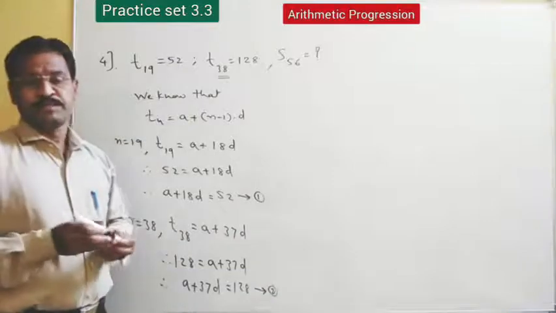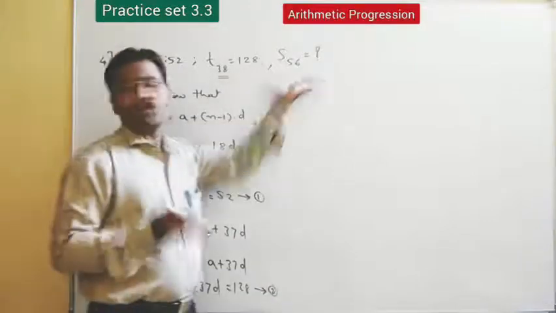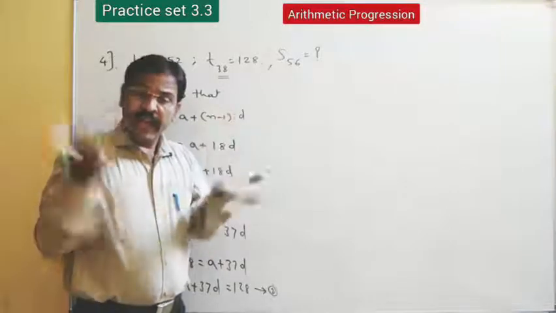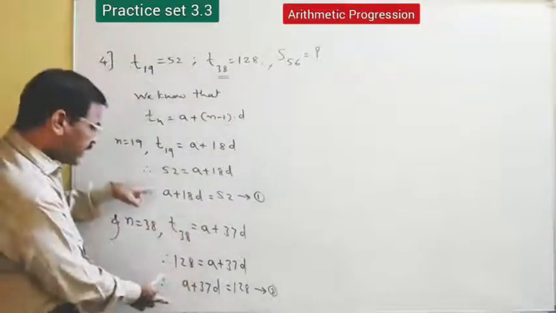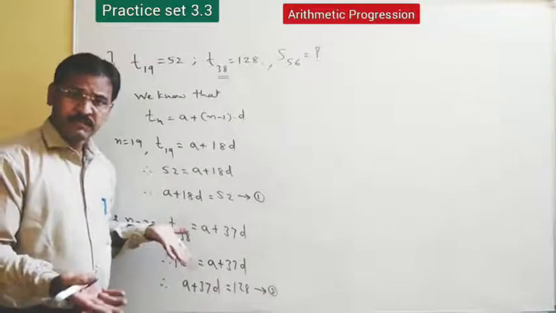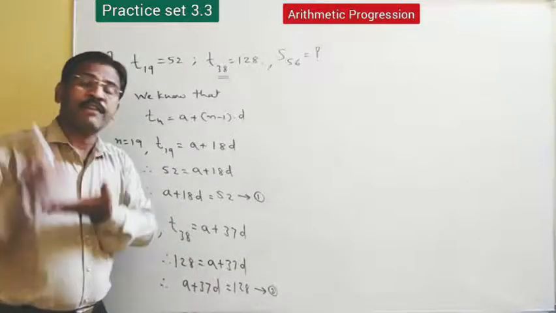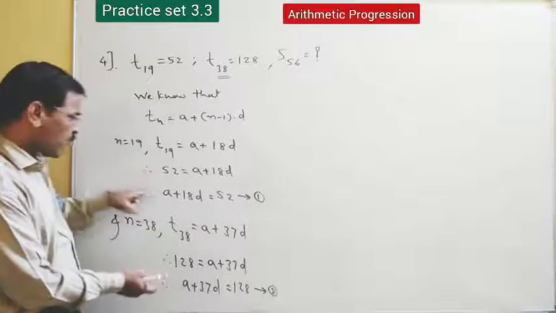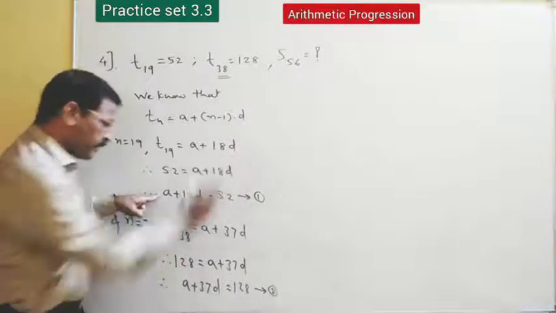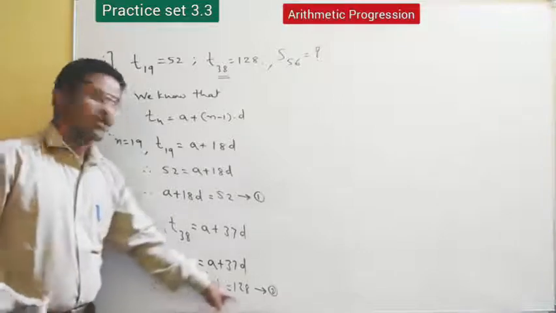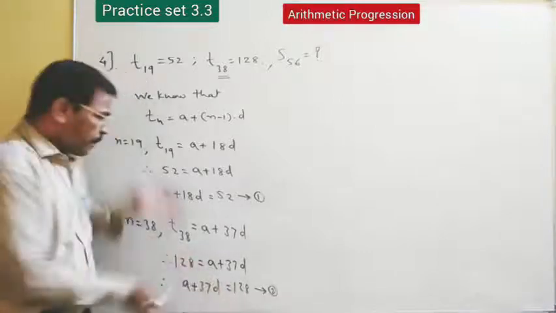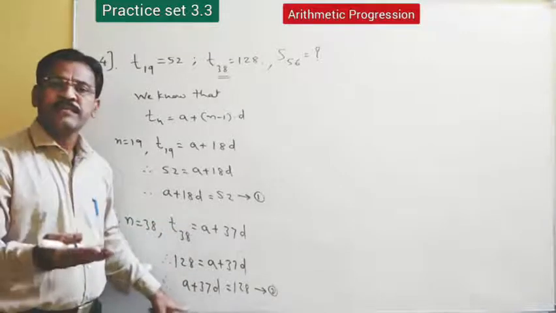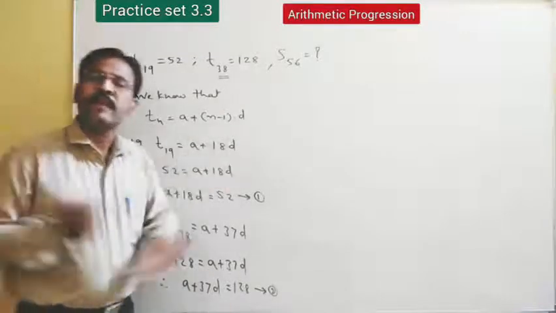Now look friends, to find S56 what do we need? We need A and D. These A and D are the variables in these two equations. So by using simultaneous equations, which we already discussed in the first topic, A plus 18D is equal to 52, A plus 37D is equal to 128. By simplifying these two, we eliminate one of them, either A or D, and after that we can find the remaining variable.